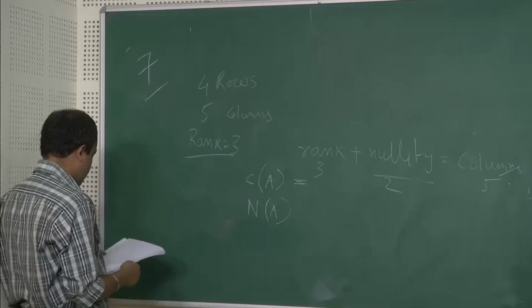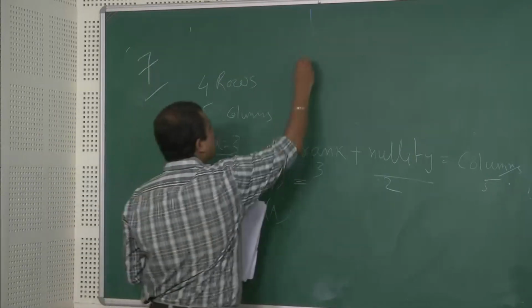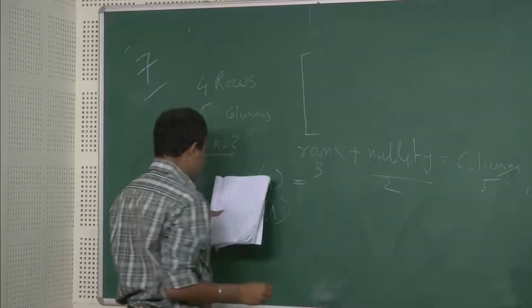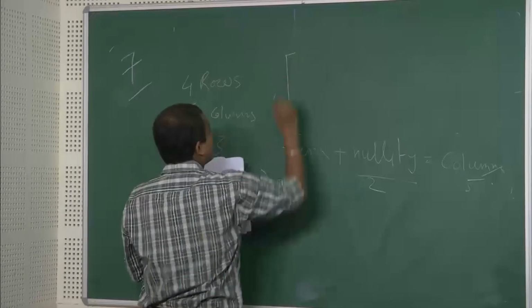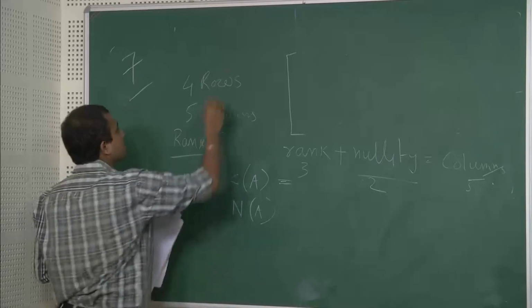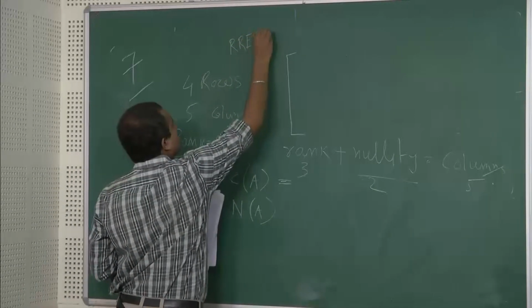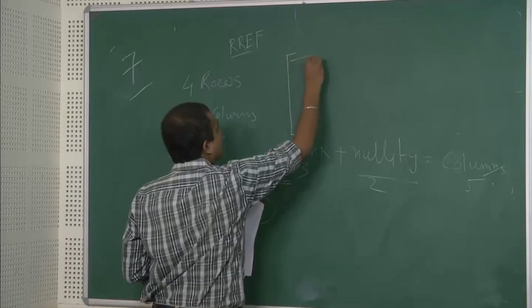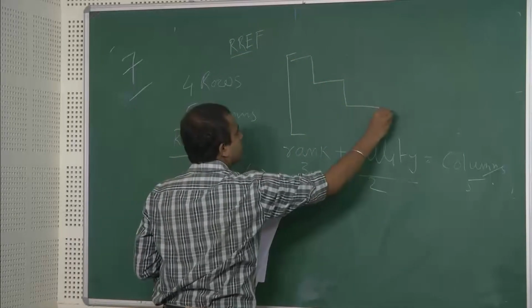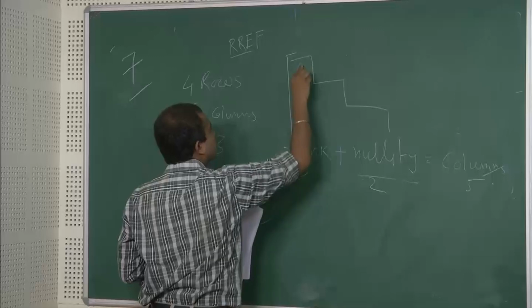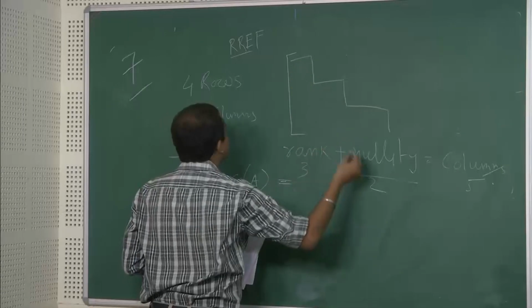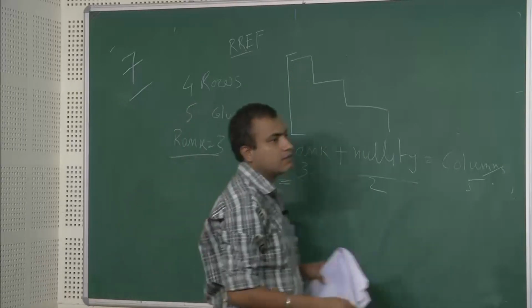Okay. So, you should get something like this as the final answer, the row reduced echelon form, as we call it, where all the non-zero entries are below this. So, something like that we will find out.